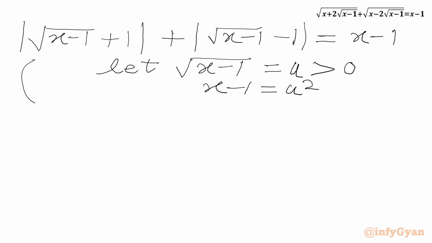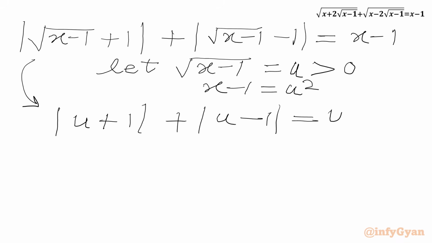So we can write mod of u plus 1 plus mod of u minus 1 equal to u square. Condition on u is u must be positive.